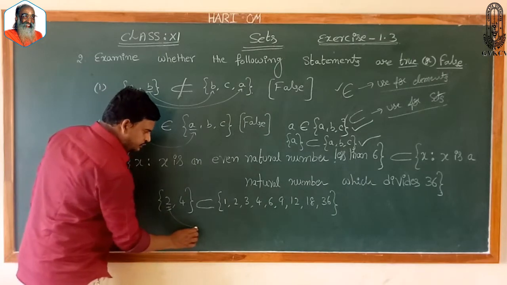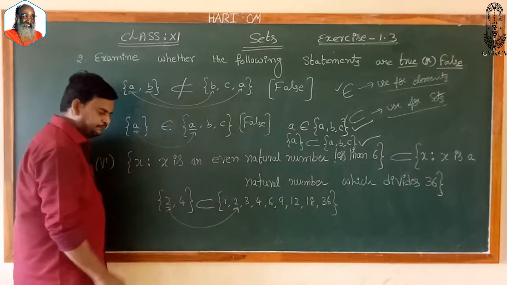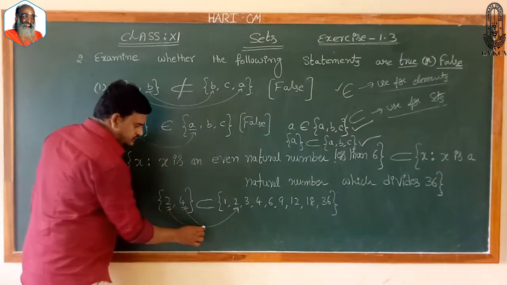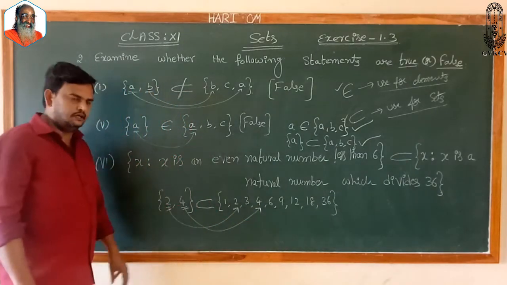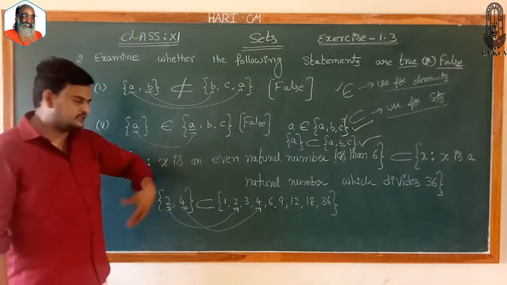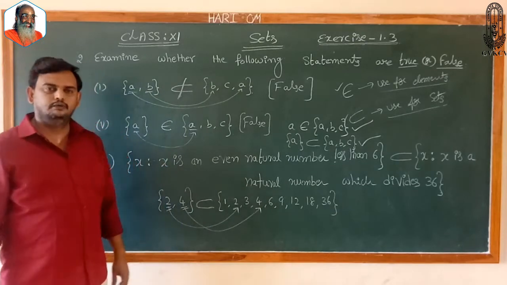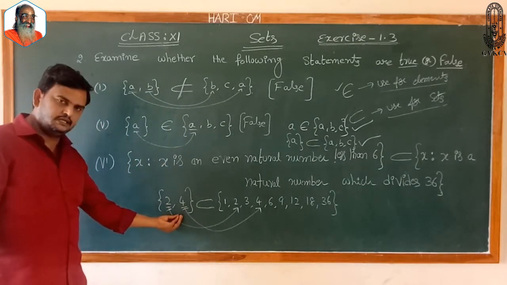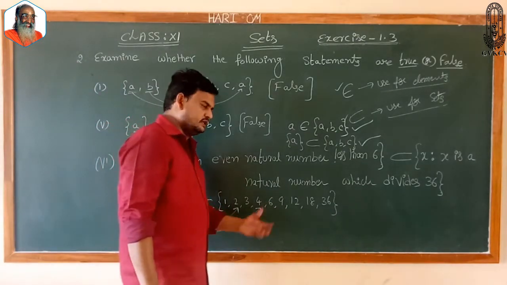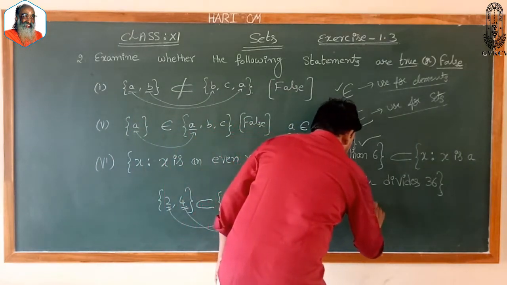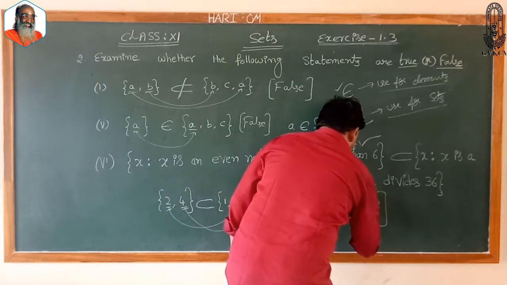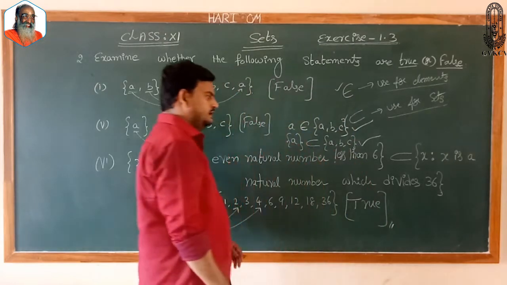The same element 2 is also there here. 4 is also there here. This means that all these elements are present in this set also. So we can say that it is a subset of this set. The given statement is true.